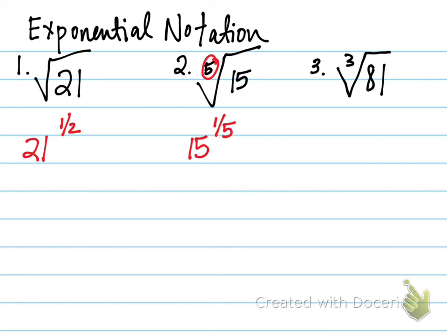So the denominator changes based on whatever our root is. And number 3 could be written as 81 to the 1/3 power. And so whatever root it is goes on our denominator. And whatever goes on our numerator is whatever the power is on the inside of the radical. In this case, it's only raised to the first power.